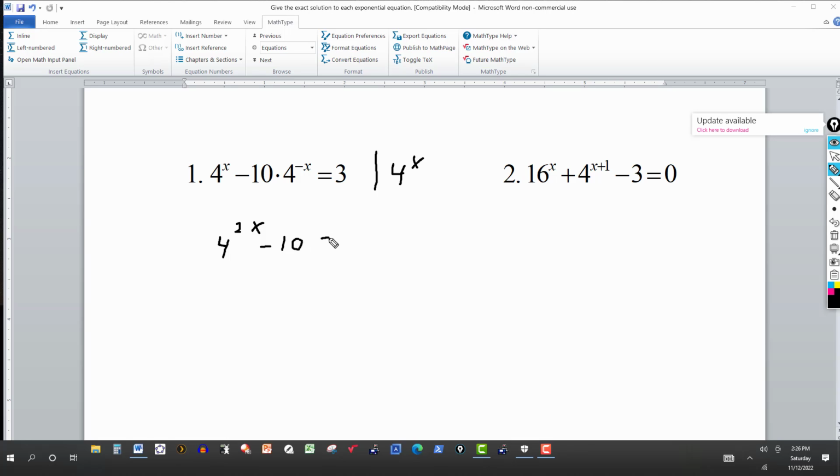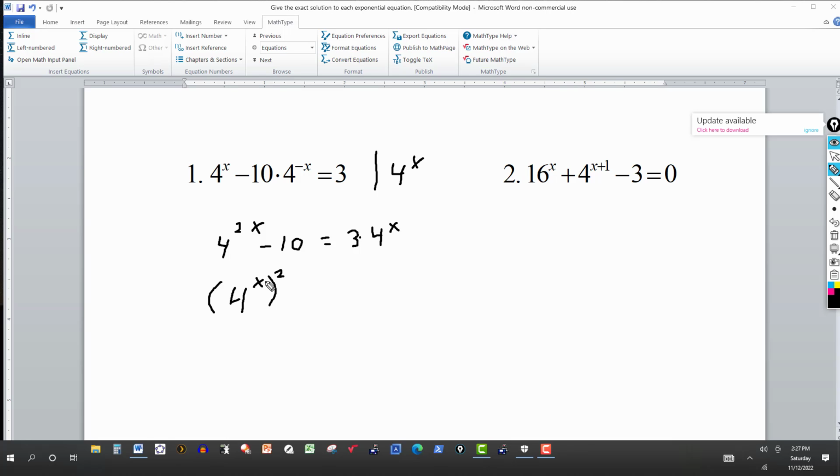And then on the right side, multiplying by 4 to the x will give me 3 times 4 to the x. Now you don't want to say 3 times 4 is 12, because this one's to the x power and this one is not. So what we can do is rewrite this in this form. 4 to the 2x, I can write that as 4 to the x, and then put parentheses here, to the second power.